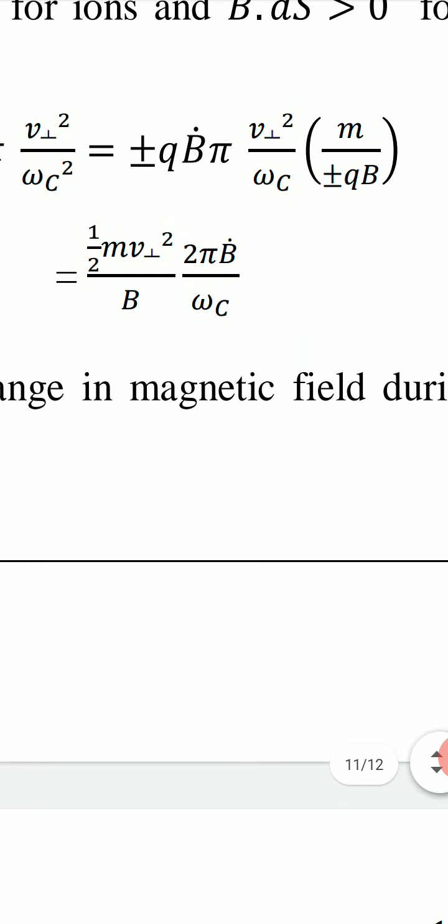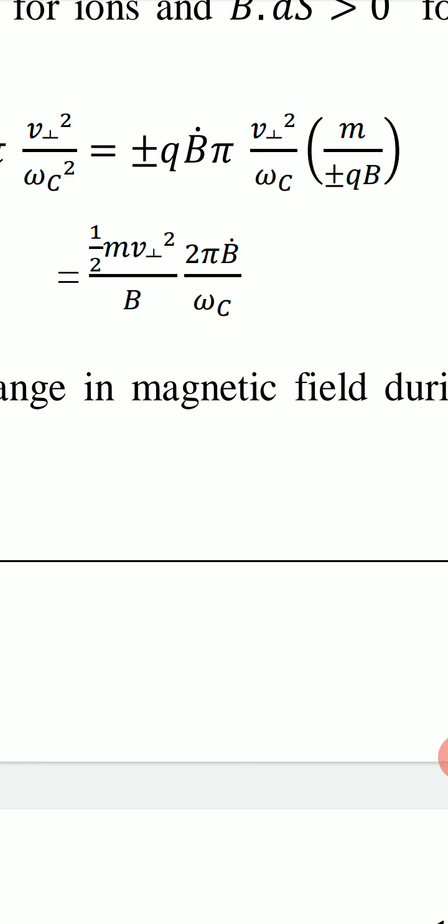Now this term can be written as half m v perpendicular square upon B into 2 pi B dot upon omega c. Q is cancelled out. Half is not present in this term, so we multiply by 2 and divide by 2 and get this half term.